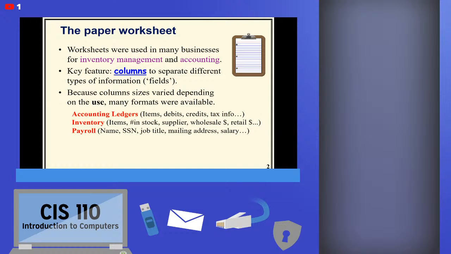It's kind of unchangeable, if you will. If you have this printed paper worksheet and the column is a specific width, and maybe for your purpose you might need it a little wider or a little narrower, tough. It is what it is because it's printed.